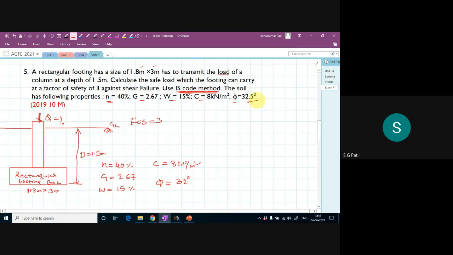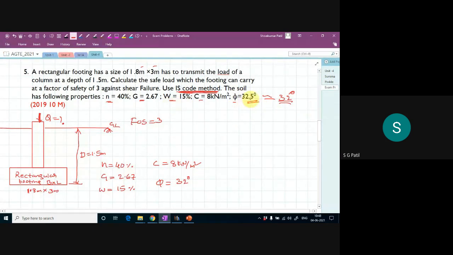They gave 32.5, but see, 0.5 doesn't have any meaning. They should not give 0.5, or C equal to 8.2 kilonewton per meter square. Okay, it is immaterial because we have a huge factor of safety and huge uncertainty. So this can be taken as 32 degree. You can write a note or assume phi is nearly equal to 32 degree.